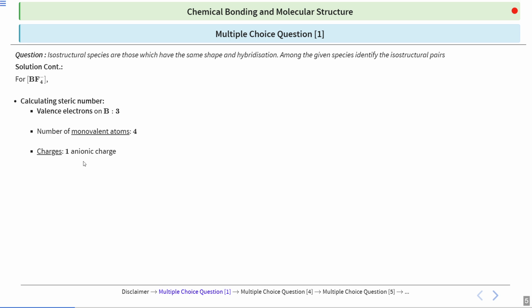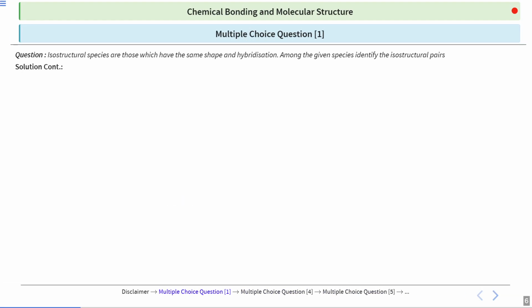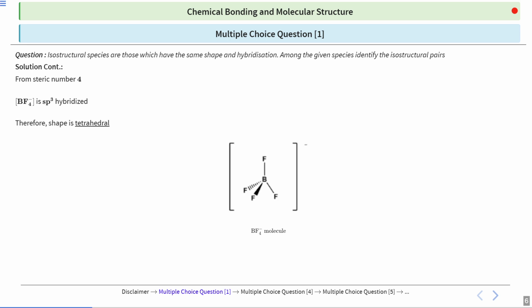There will be no cationic charge, so we put these in the steric number formula to get the value as 4. Now we have the steric number of 4, so the shape is tetrahedral. So BF4 minus will be sp3 in hybridization, and for the steric number of 4 it is tetrahedral in shape. I hope this is clear to you for the BF4 minus molecule.